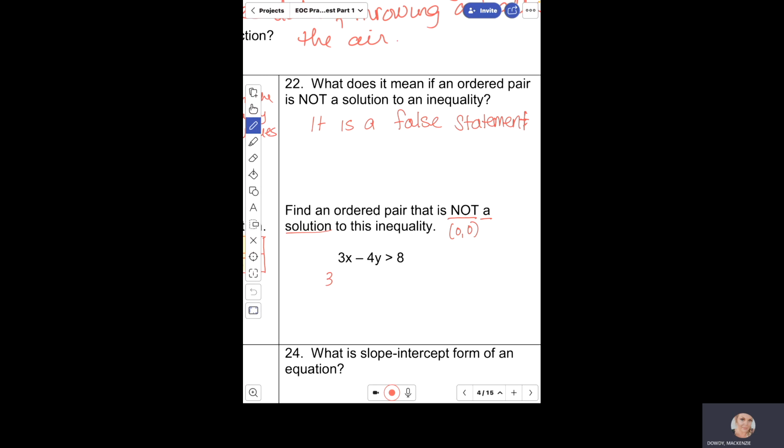So we would have 3 times 0 minus 4 times 0 is greater than 8. 3 times 0 is 0. 4 times 0 is 0. 0 minus 0 is 0. Is 0 greater than 8? No, it is not. So that is a false statement. That's what they were asking for here. So no, 0, 0 is not a solution to this inequality.